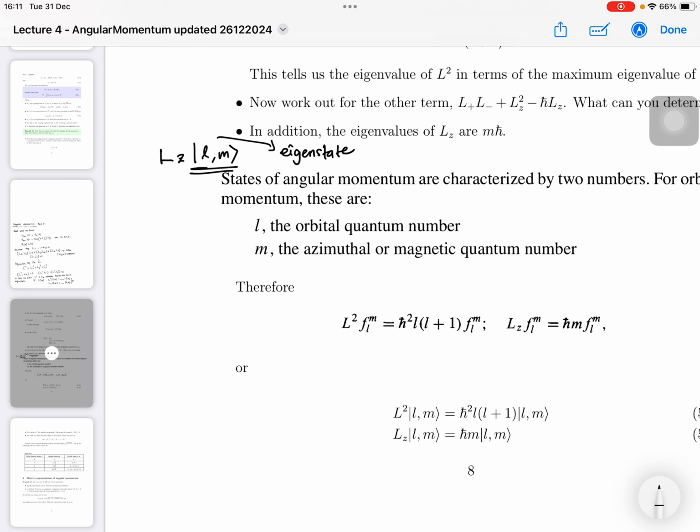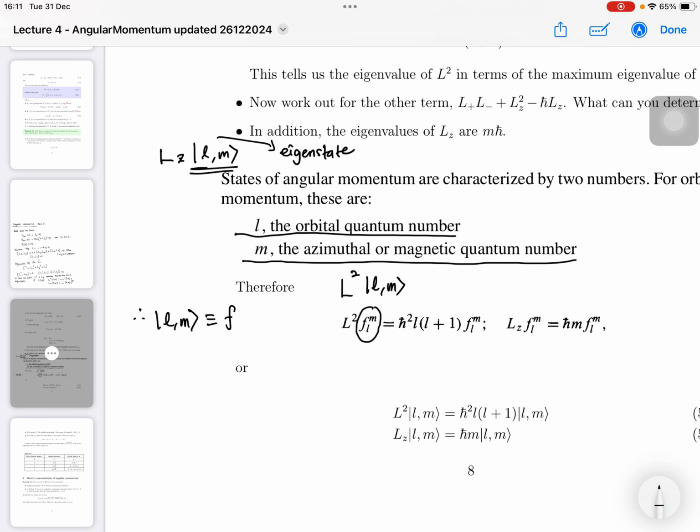Here l is called the orbital angular momentum quantum number, where m is called the azimuthal or magnetic quantum number. Now look at this part. You can also rewrite this as |l m>. In such a way, your ket |l m> is equivalent to writing a function of l and m. See, this one and this are the same.